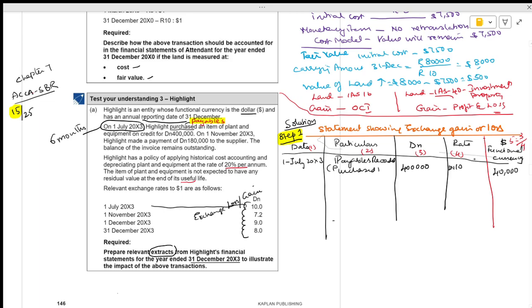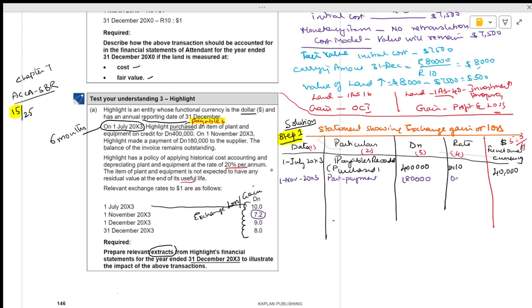Now, they have made a payment. Is it right? How much did they pay? On 1st of November, they made a payment. Is it 2003? Is it right? Part payment. They have not paid in full. They paid a part payment of 180 DN. Okay. What is the rate on 1st November? 7.2.